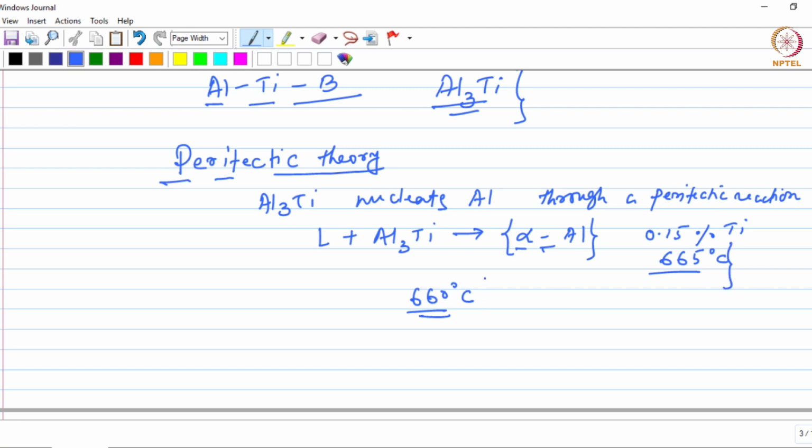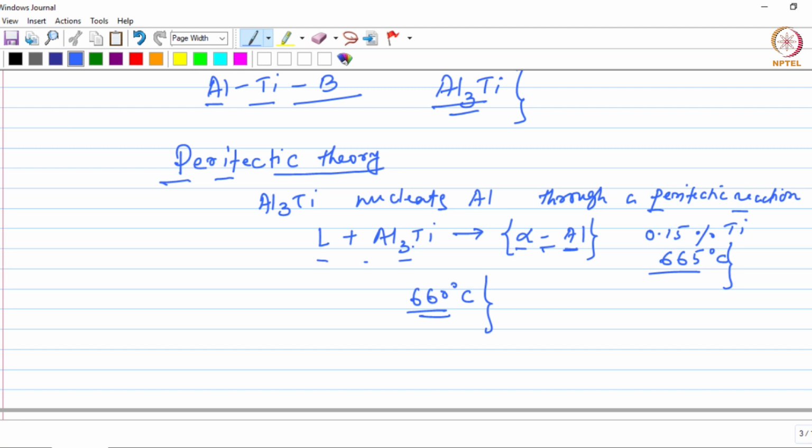So even before the aluminium solid phase starts to form from the liquid phase, you already have this alpha aluminium phase present in the liquid, and now this will act as the nucleating surface, right? So that's what I meant when I say that it nucleates aluminium through a peritectic reaction, through this alpha aluminium which forms due to the peritectic reaction, okay?